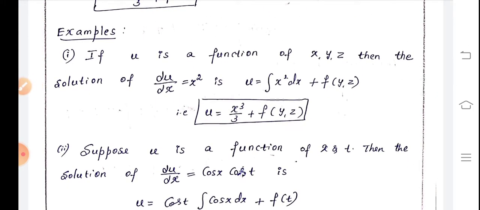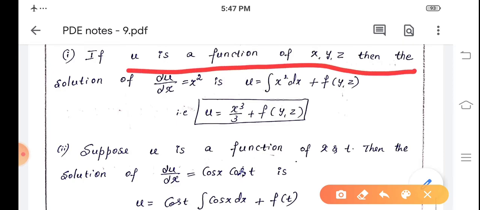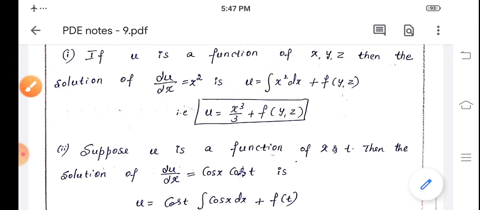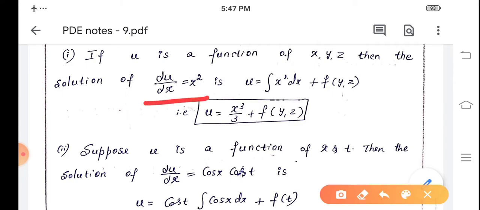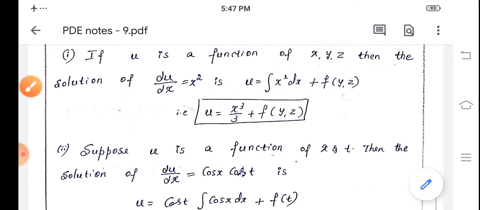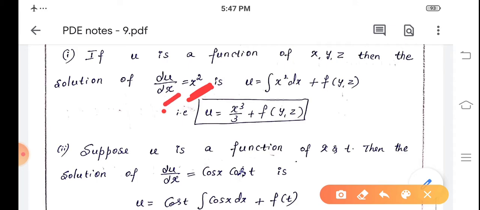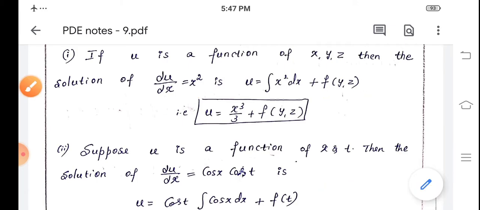Example 1. If u is a function of x, y, z, then the solution of partial differential equation dou u by dou x equal to x square is u is equal to integration of x square with respect to x plus f of yz.